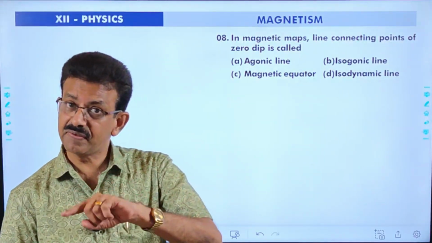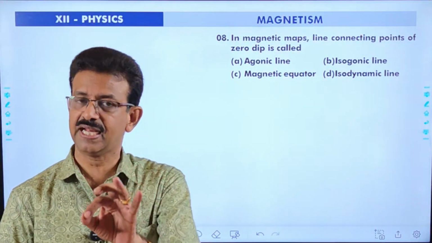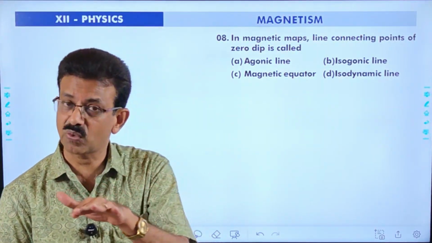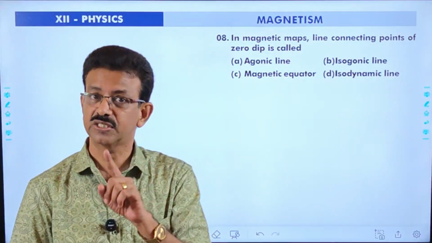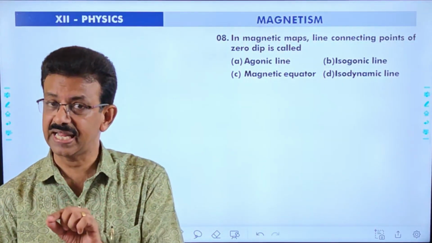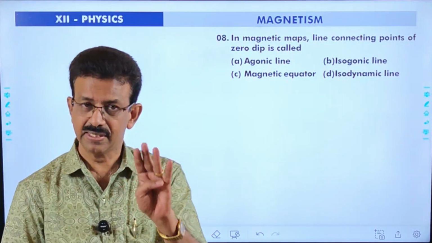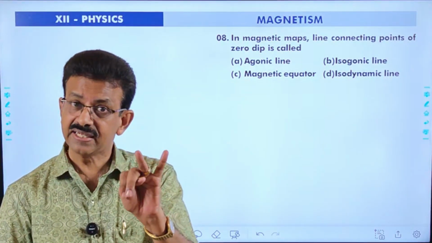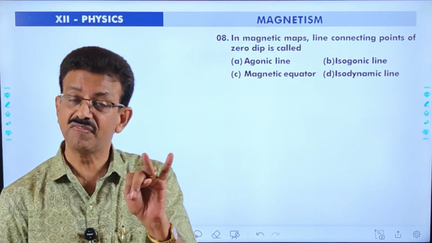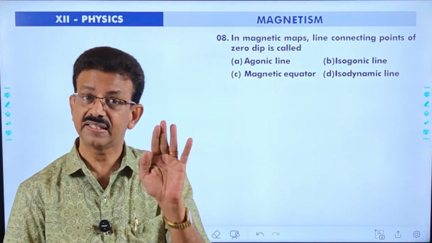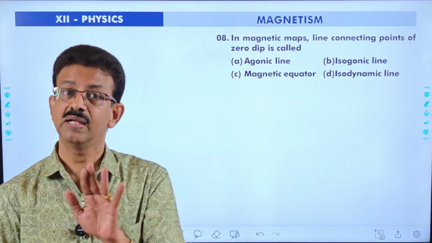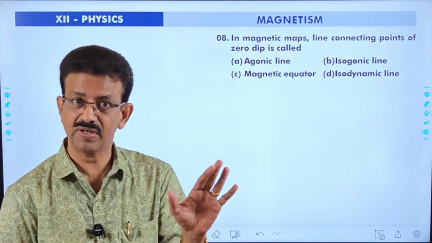Then the angle between the total field intensity at a place and the direction of the horizontal component is called dip or inclination. Dip, declination, and the horizontal component of Earth's magnetic field are collectively called the magnetic elements of Earth.